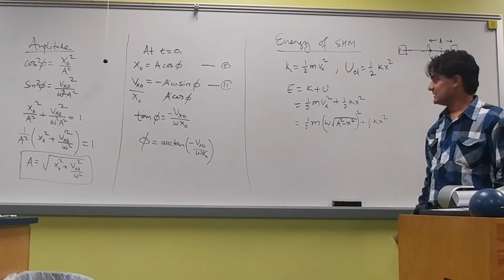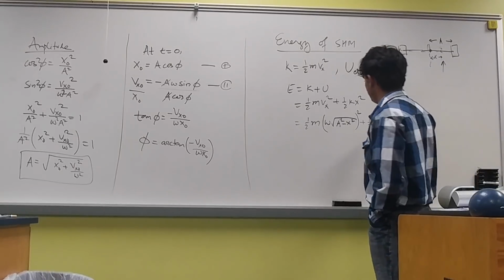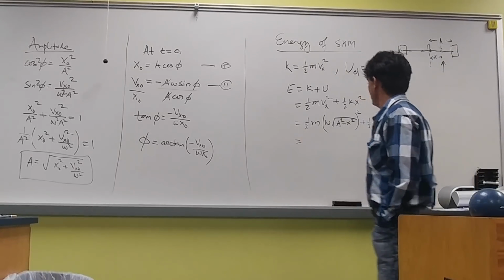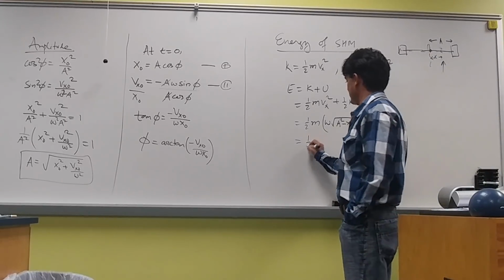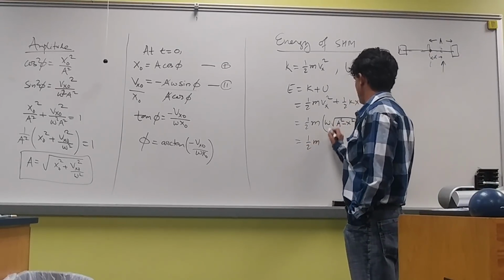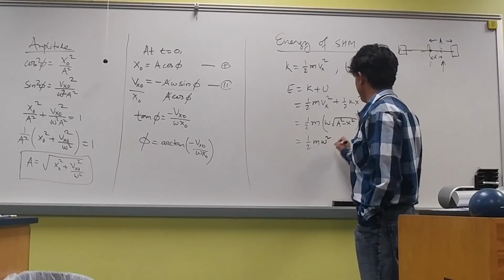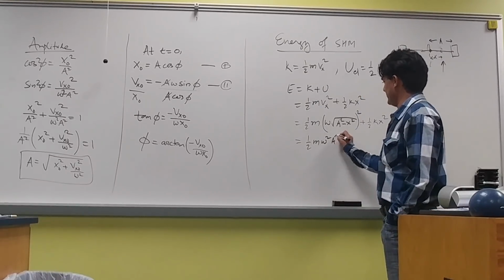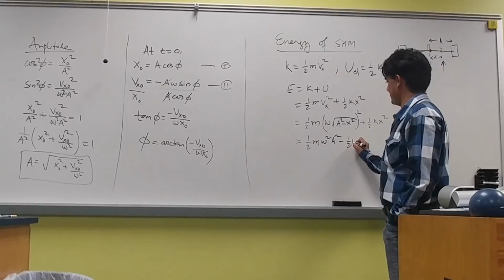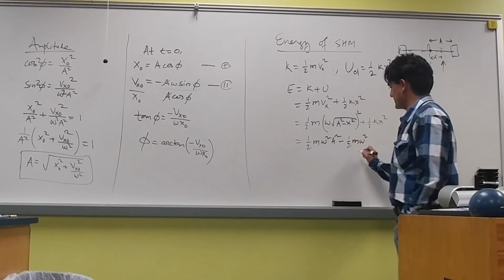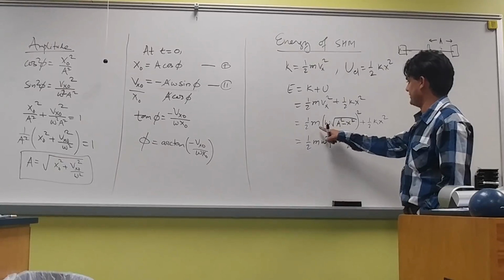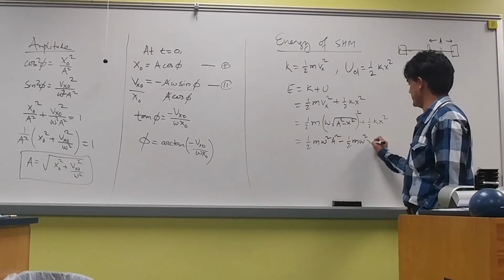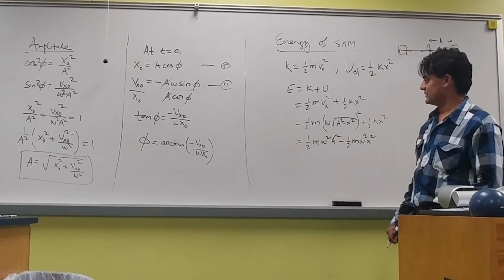Now what I have is 1/2 of m omega square times a square, minus 1/2 of m omega square x square, right?